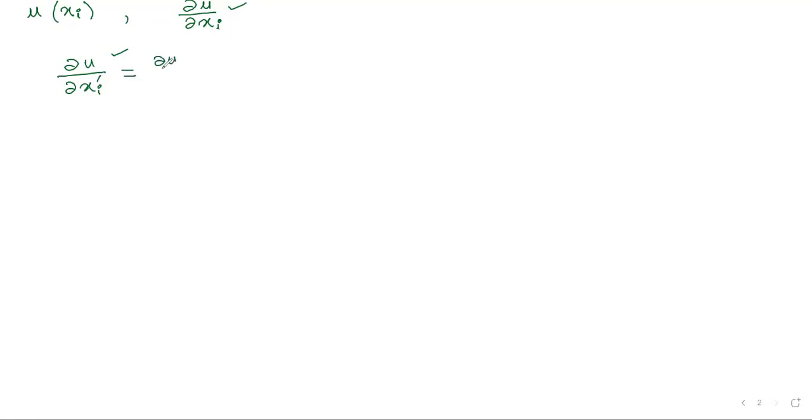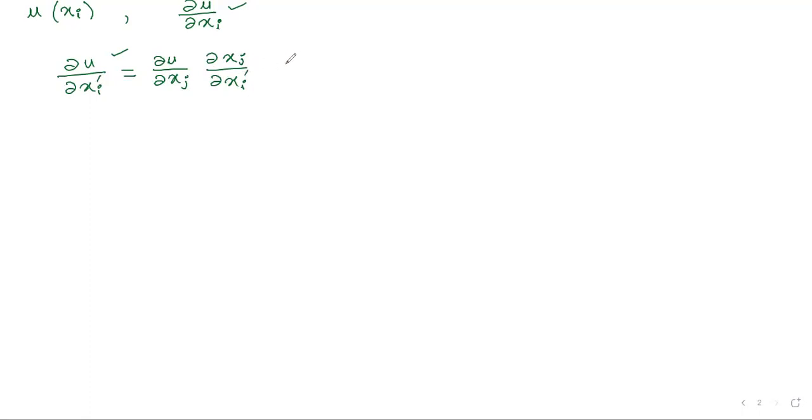So this is ∂u/∂xj times ∂xj/∂xi prime. Here we are using the property of partial derivatives, and what is the repeated index? The repeated index here is j. That means it has been summed over. What is the meaning?